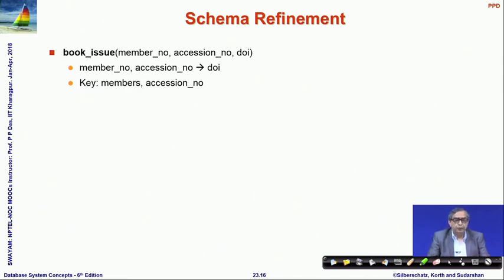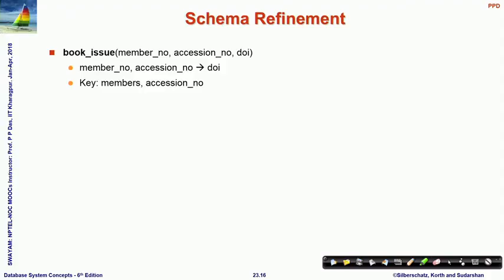What if the book issue is a relation simply between the members and the books? Of course, we do not know the relationship between members and students or members and faculty, but we can at least refine the book issue to be between member and the book, and therefore member number and accession number together become the key which determines the date of issue.